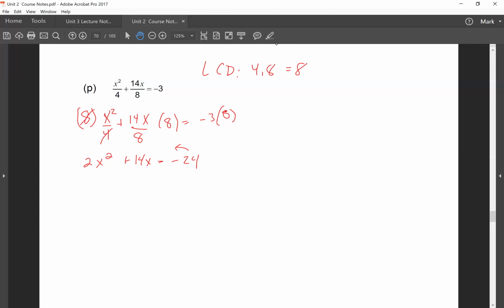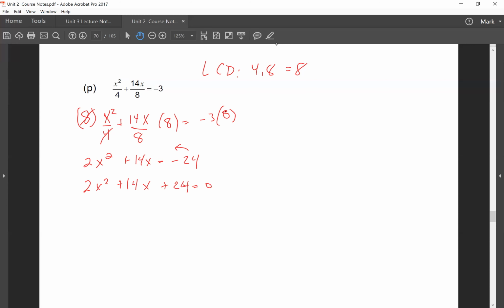Now, what I mentioned to you guys earlier is you want to put this in the form ax squared plus bx plus c equals 0. So I'll move the 24 over to get 2x squared plus 14x plus 24 equals 0.